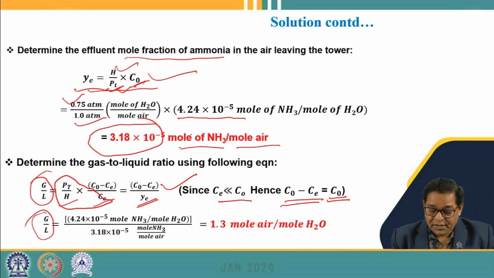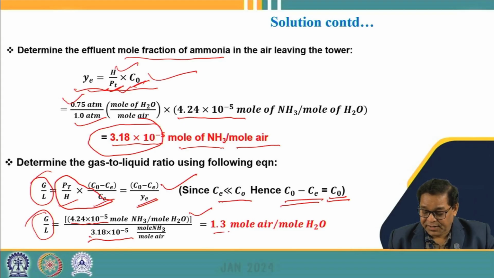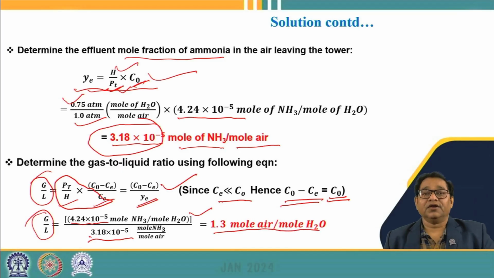So the C0 value we already have, that is 4.14 into 10 raised to the power minus 5, whereas the value of Ye is 3.18 into 10 raised to the power minus 5. We can substitute here, and then we can find the ratio of G by L, which is equal to 1.3 moles of air per mole of water.